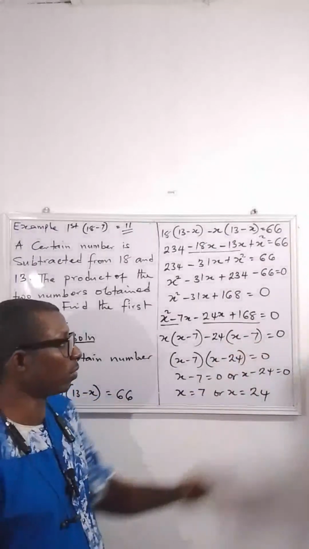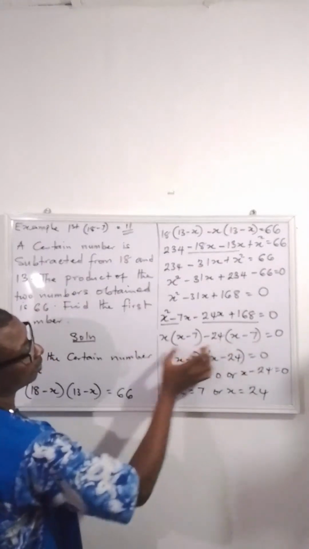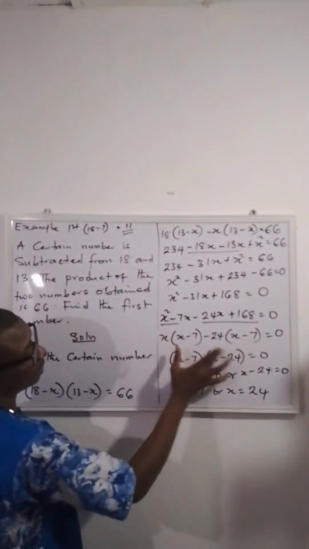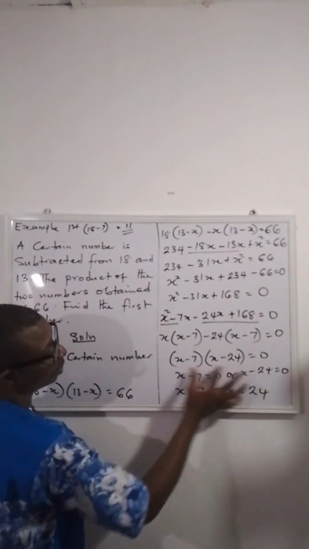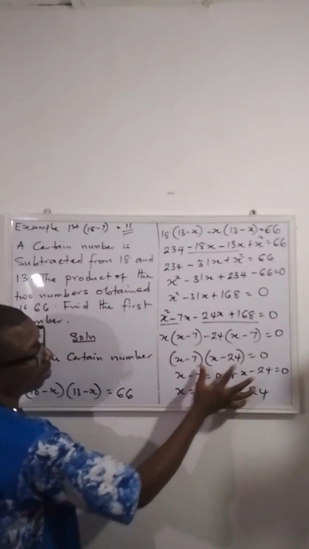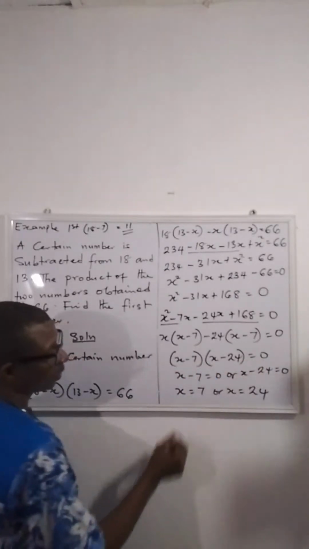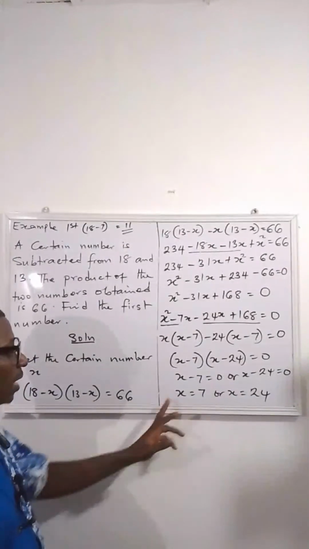So equals 0. So you can factor out x minus 7. When you factor that out, you are left with this and this, so they are in the bracket here. So you have two terms multiplying each other to be 0. So you see that this is 0 or the second one is 0. So you move this one to this side and this to this side. Okay, so x is 7.